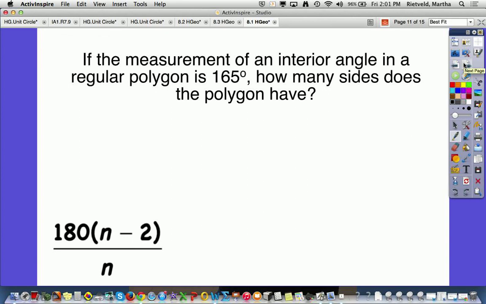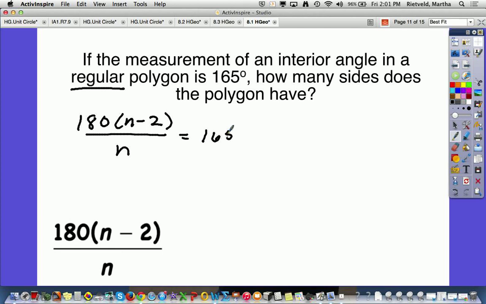In this problem, we know the measure of an interior angle, and that's just one angle. Our polygon is regular, which means all angles are equal. So we're going to take this formula to help us find an angle, or how many sides the polygon has, and set it equal to 165 degrees. Solving for n, we're going to multiply by n first.